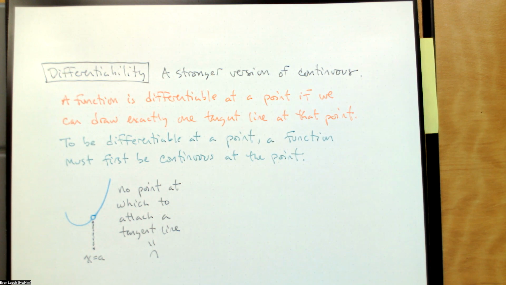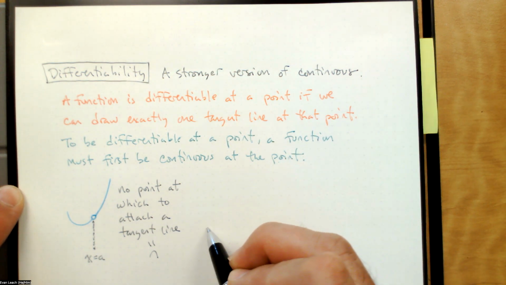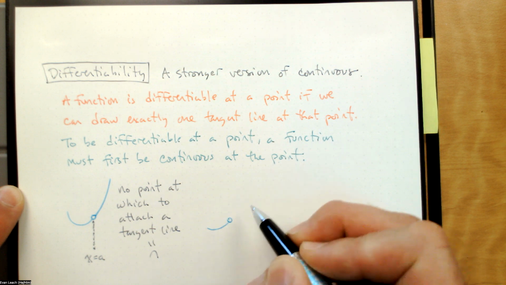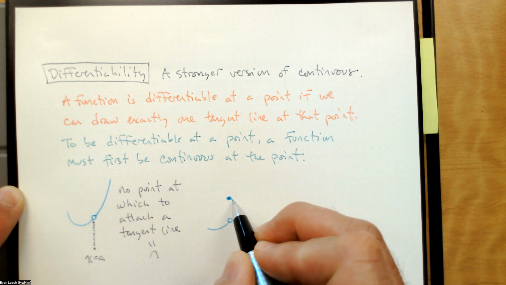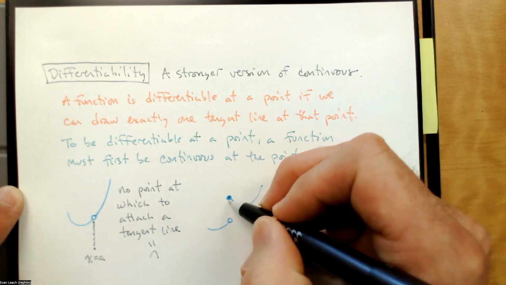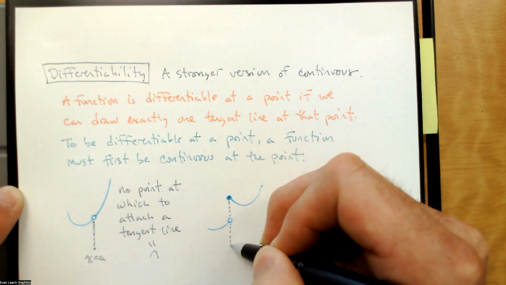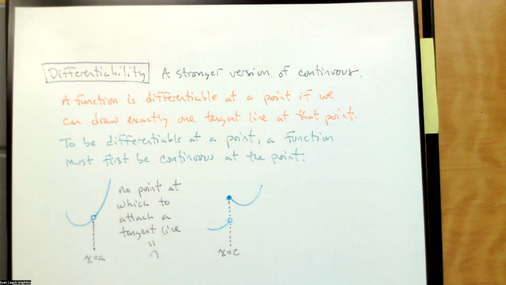If it's discontinuous because the limit doesn't exist, like we had at x equals c, we can't attach just one tangent line here. The tangent line is supposed to skim across the curve.